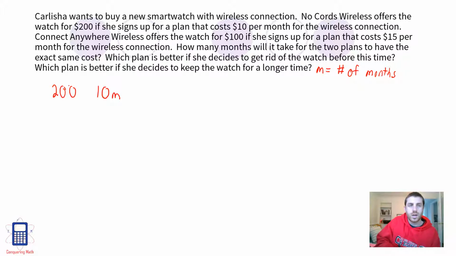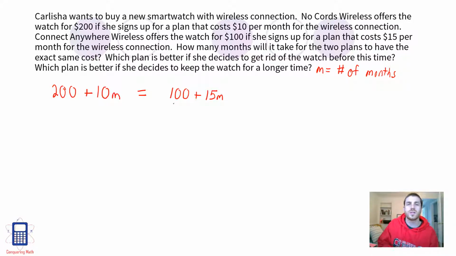It's $200 that we spend, and another $10 a month, so that's addition. That's for No Cords Wireless. For Connect Anywhere, she starts with $100 for the watch, and then another $15 per month. So that's $15 times the number of months, and again, it's addition. And since we want their costs to be the same, we just set them equal to each other.